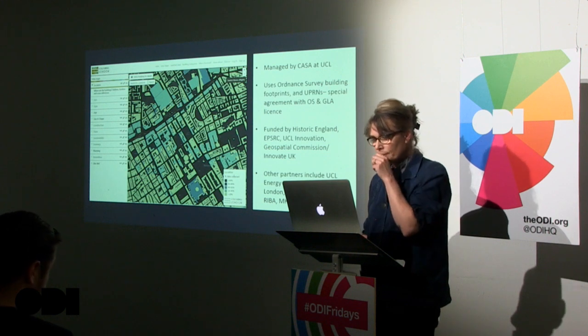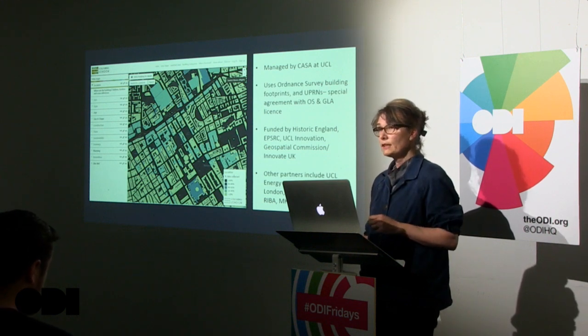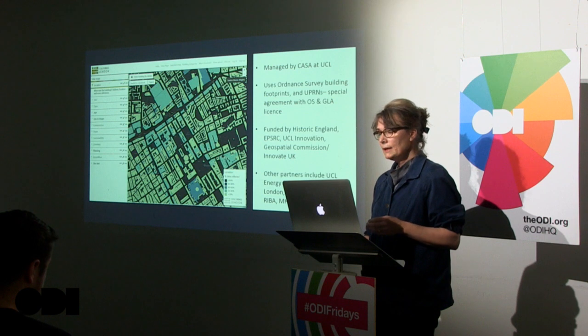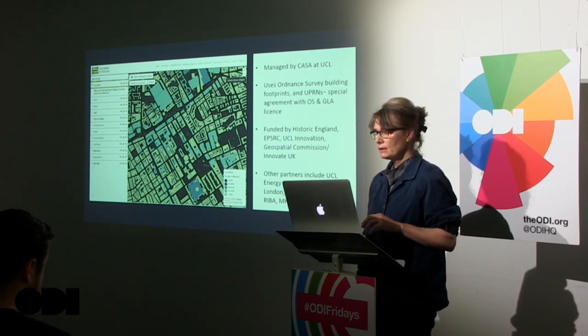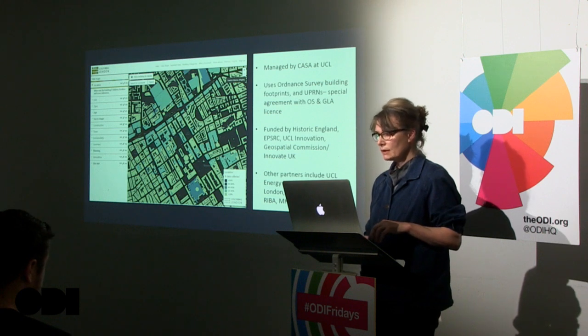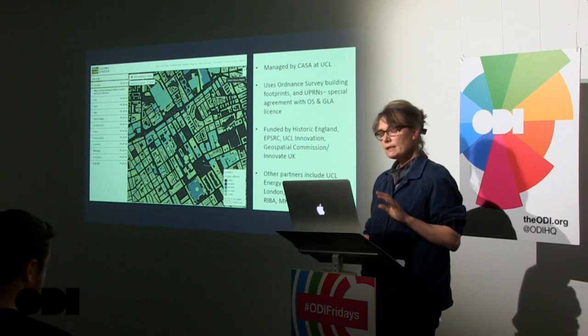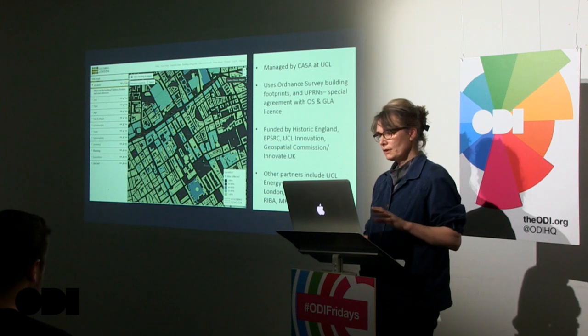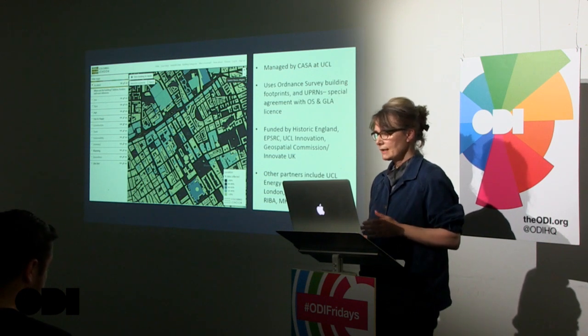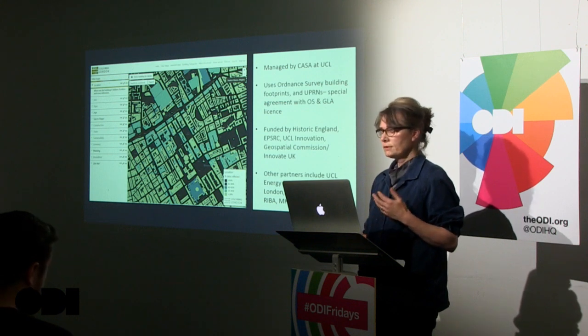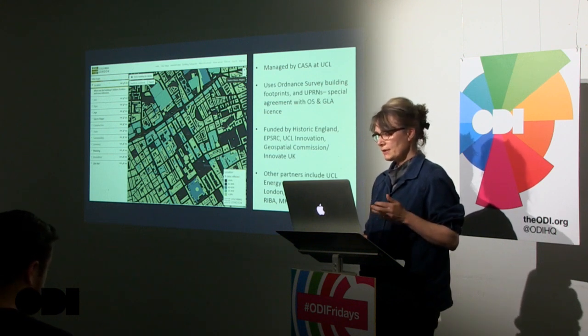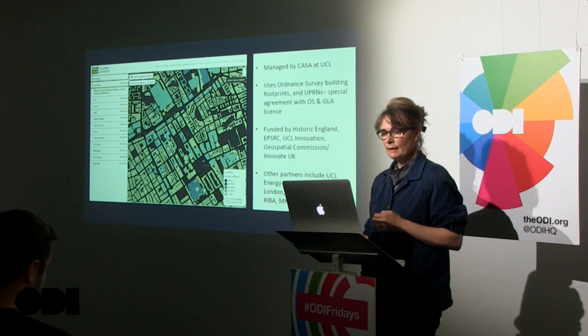Our first stage funding was from Historic England and EPSRC, and we currently have a Geospatial Commission and Innovate UK grant. The project is being developed with a range of partners, and we're looking for more, so please get involved with us, including the Building Research Establishment, Royal Geographic Society, Ministry of Housing, and others.